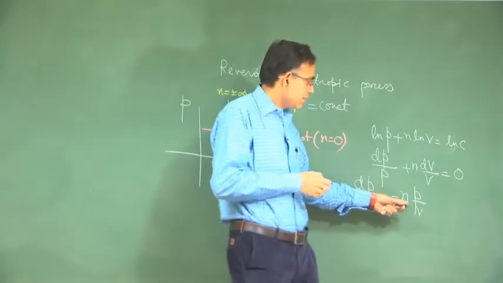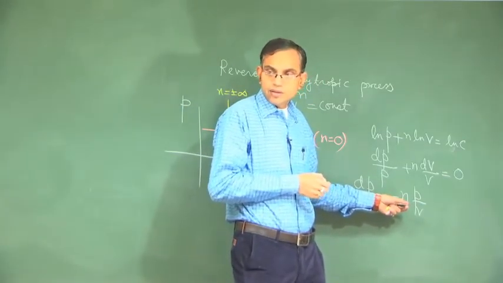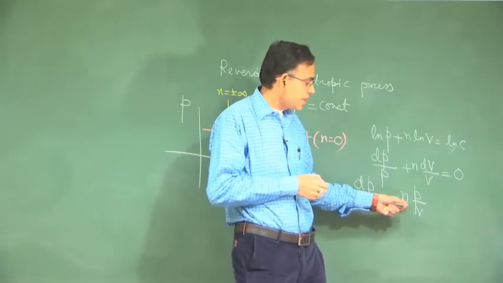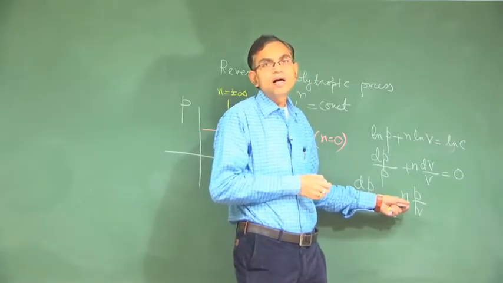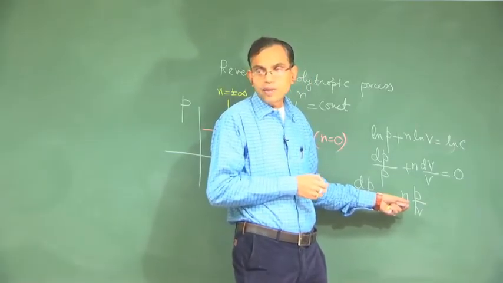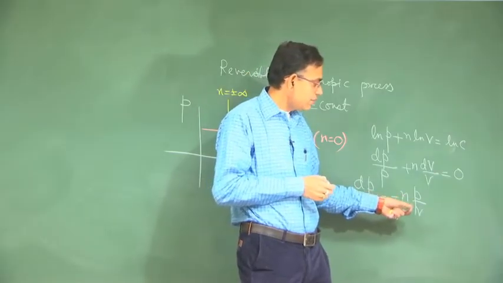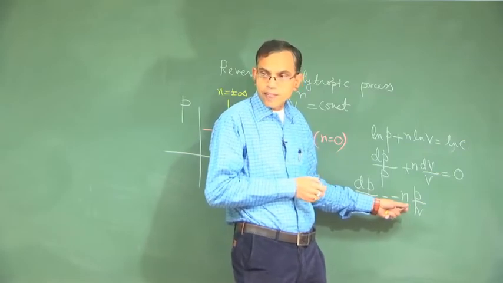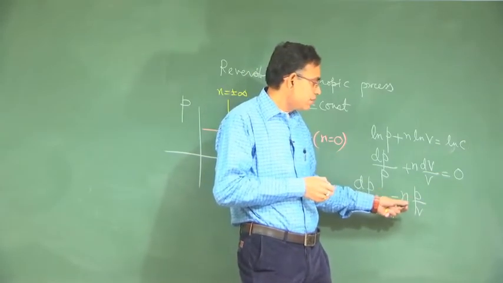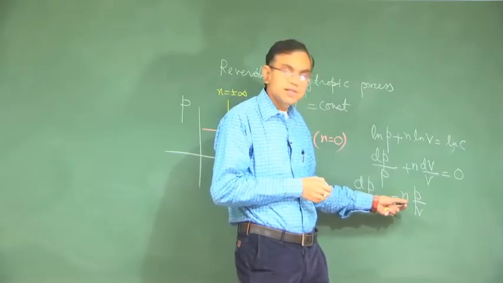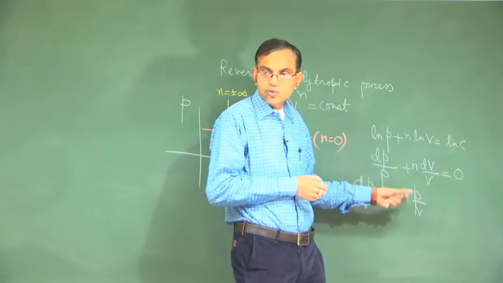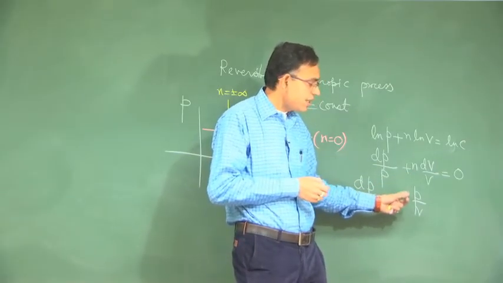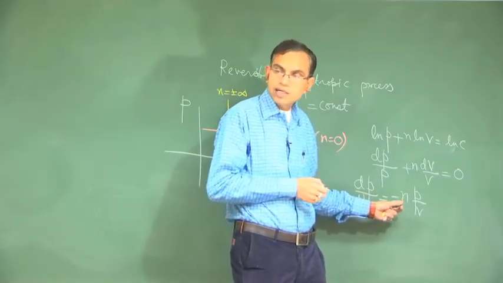Now, if n is higher, then the magnitude of the slope is more. Let us consider the example of air. Cp by Cv for air, if you consider a calorically perfect gas, is about 1.4, and for reversible isothermal n is equal to 1. For reversible adiabatic the value of n should be greater than 1 because Cp is always greater than Cv.